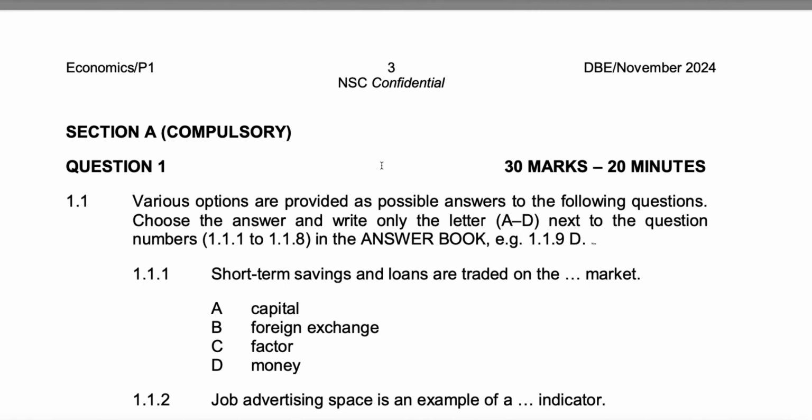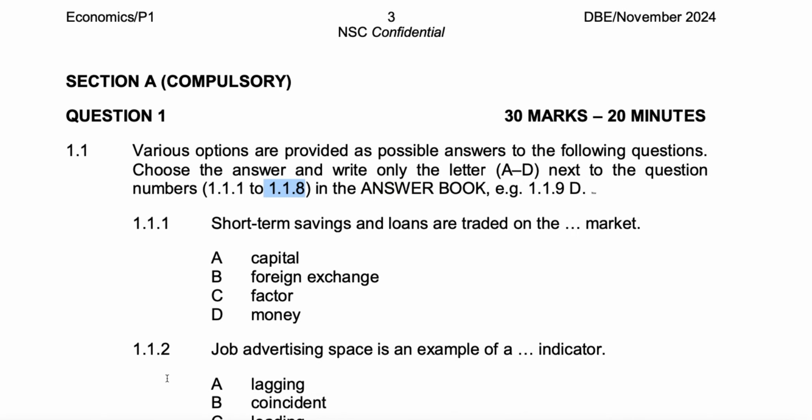All right, so various options are provided as possible answers to the following questions. Choose the answer and write only the letter A to D next to the question numbers 1.1.1 to 1.1.8. Let me point out something here. I have spoken to a learner who has this problem. She writes 1.1.1, then she just goes 2, 3, 4, because she's lazy to write this 1.1.